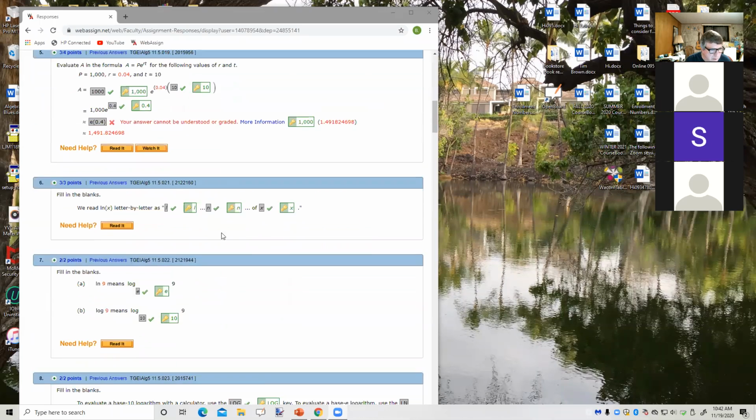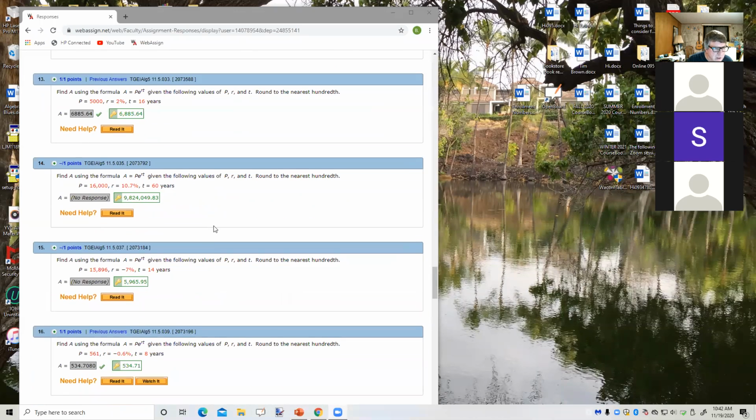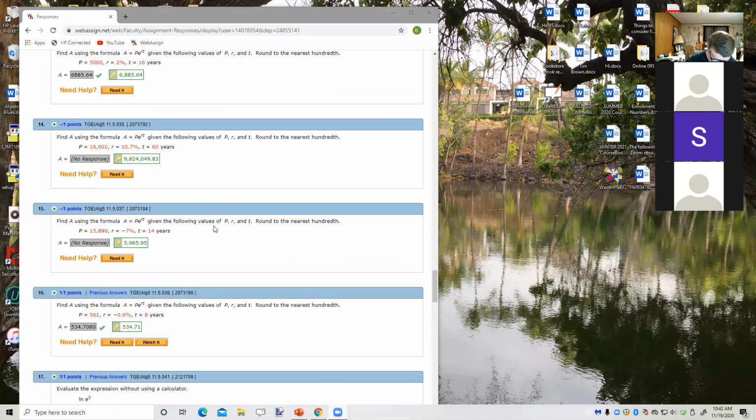So I'm going to go on and let's take a look at 14. Find A using the formula A equals P e to the rt. So A equals 16,000 times e.